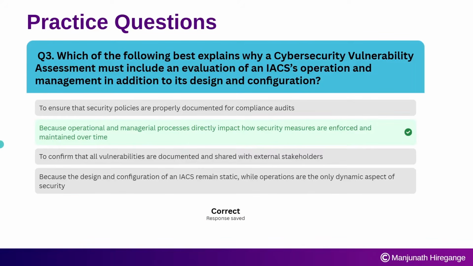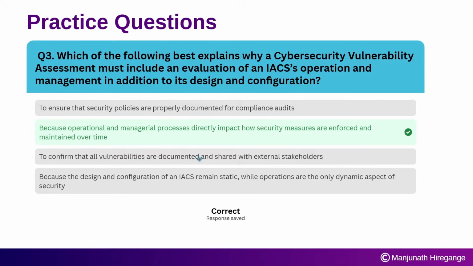Why B? Because security is not just about design. It requires ongoing enforcement, monitoring, and updates. The first option is the compliance audit. Documentation is very important, but audits alone don't ensure your security effectiveness.